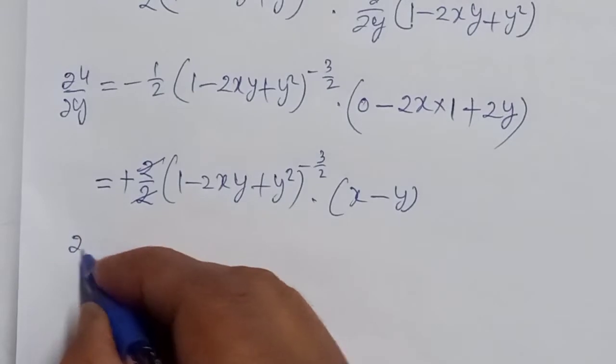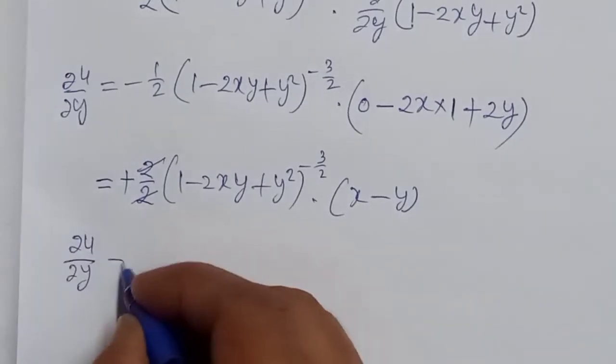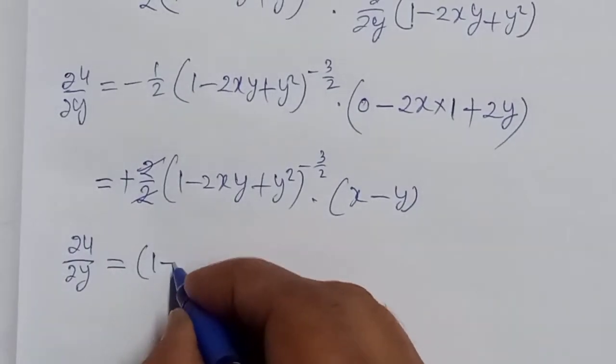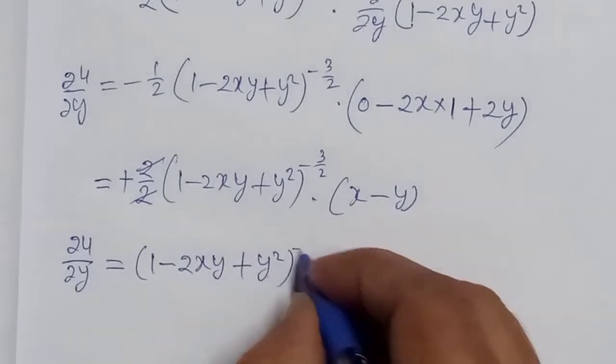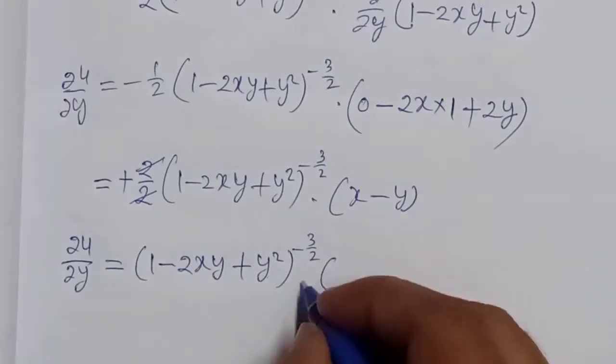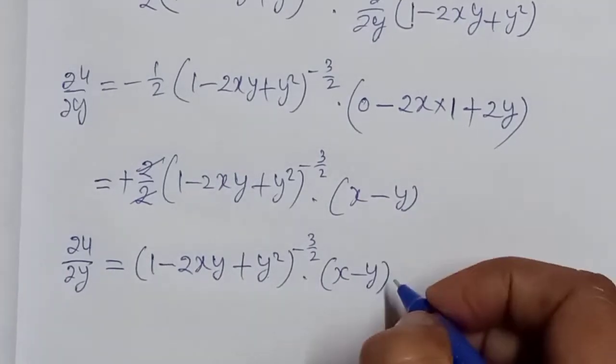We get del u over del y is equal to (1 minus 2xy plus y square) to the power minus 3 by 2 times (x minus y).